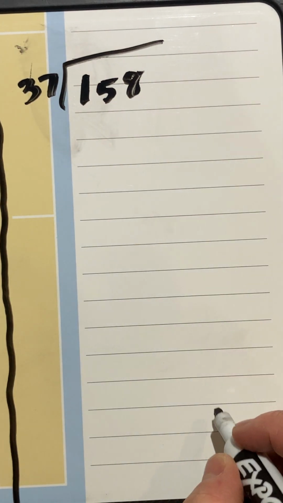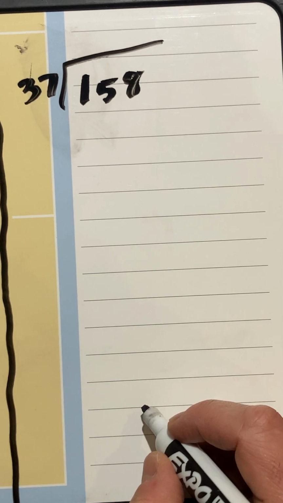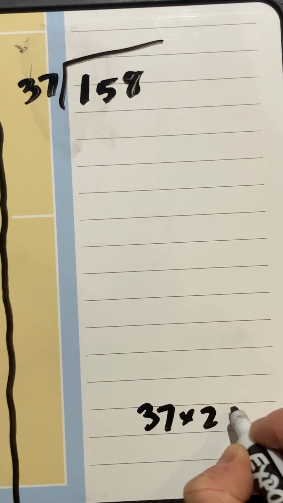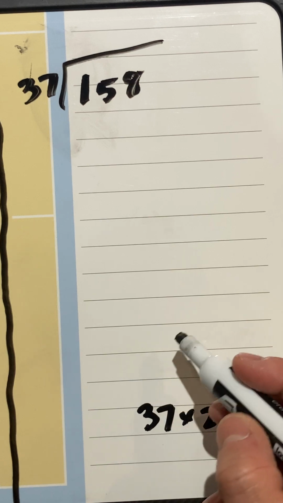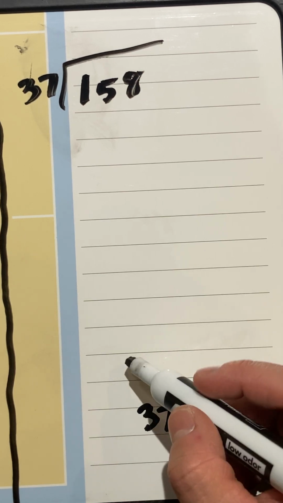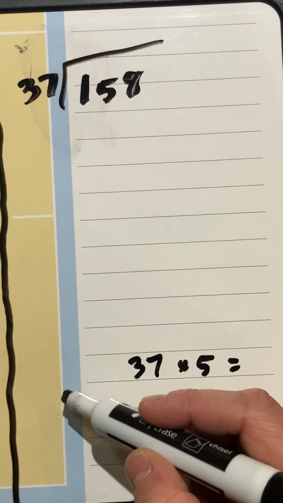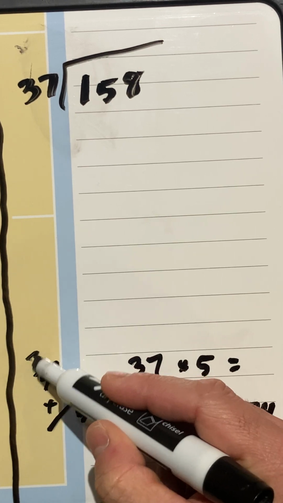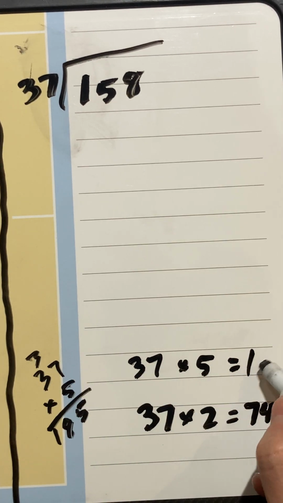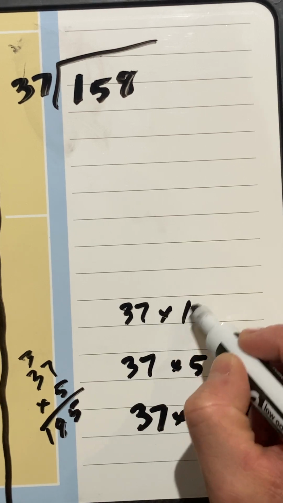If I come down here and do some partial quotients, my first would be 37 times 2, which is 74. 37 times 5 is 185. 37 times 10.